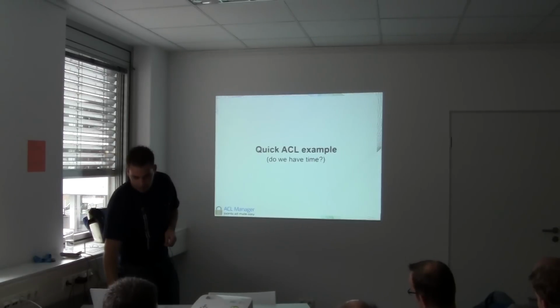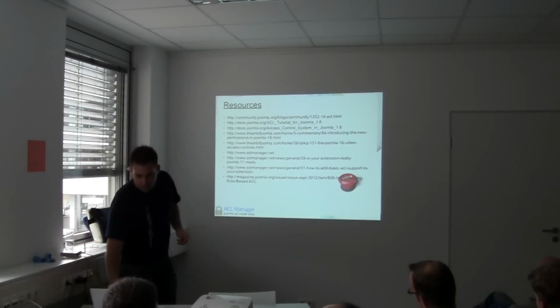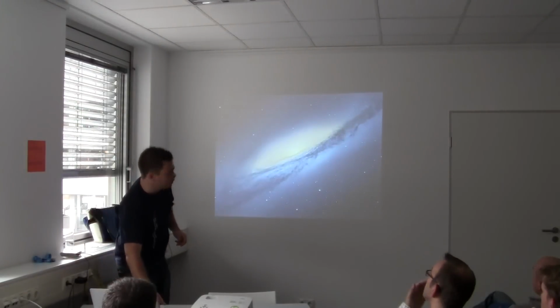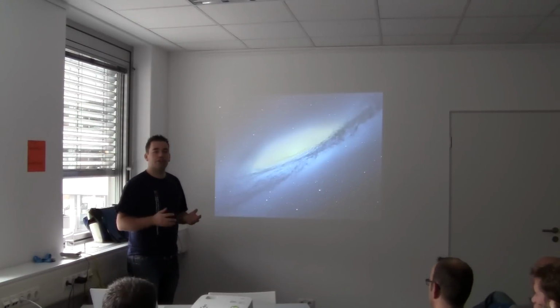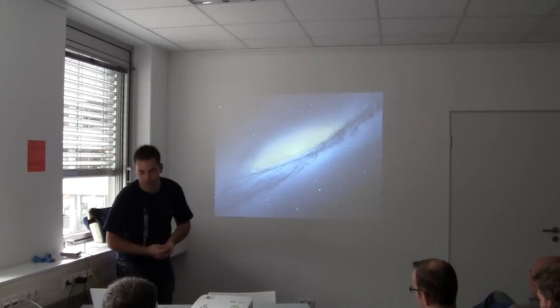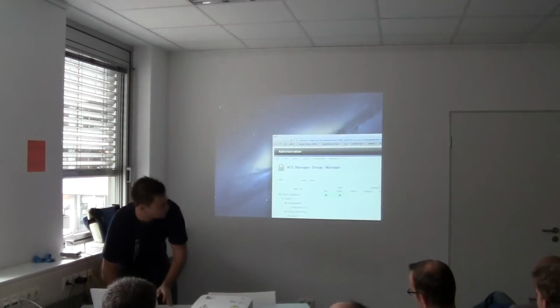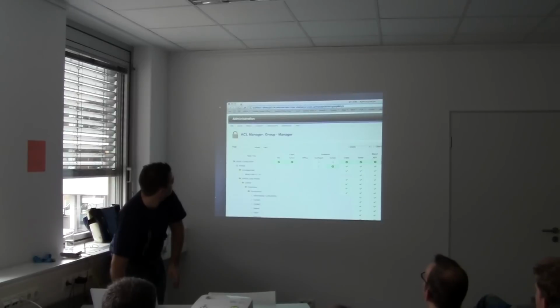Let's see, I have a few minutes left. We can do a quick example. I have here some additional resources, and I just want to give a quick demonstration how you can set up Joomla access to one specific component, for example, on the backend for a user. Let's get it to this screen.